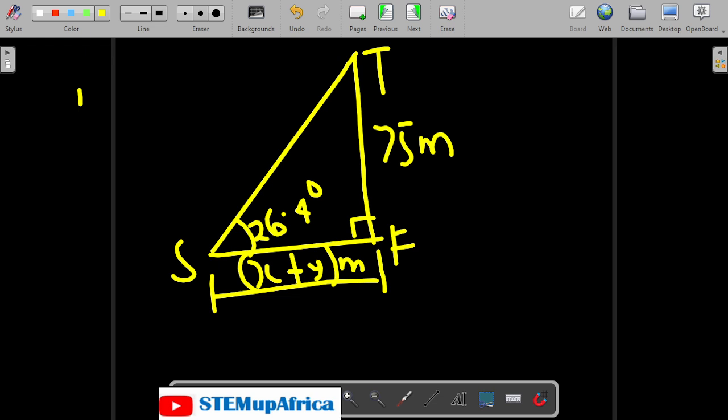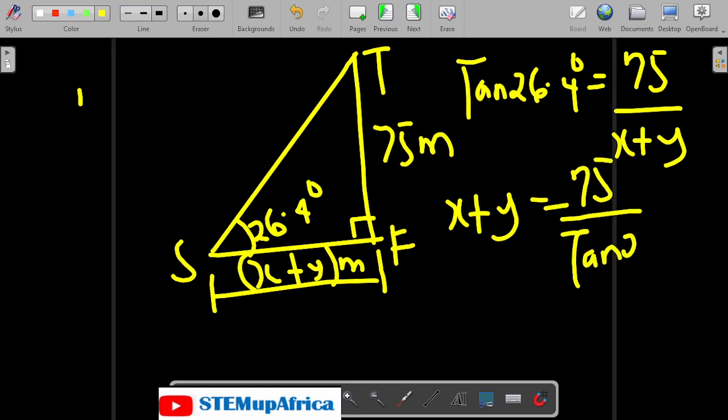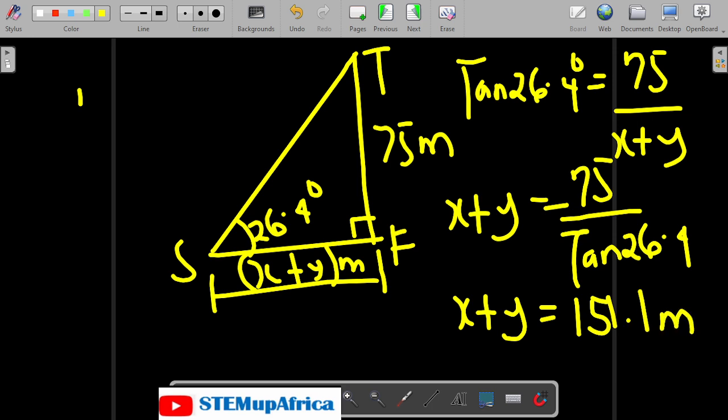So from here, I can also determine the value of X plus Y. Tan 26.4 is the opposite, 75, over the adjacent, which is X plus Y. So X plus Y equals 75 divided by tan 26.4. Let's divide. That will give me 151.1 meters.